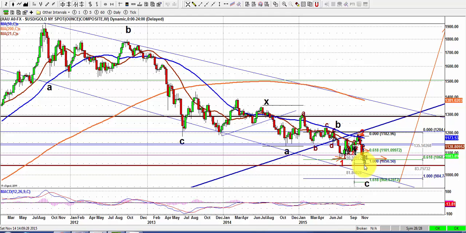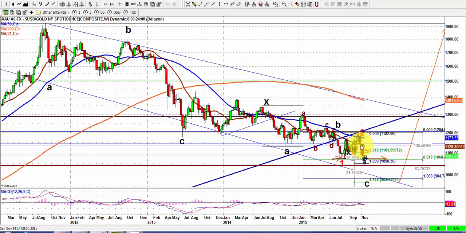I could be wrong. Maybe it will stop at 1050, but we continue because that's just going to be the third wave. The reason why I think it's not going to stop at 1050, the third wave, I mean, is because the fourth wave will almost certainly go up to encroach on the territory of the first wave, and that is not likely. That's going to cancel this wave count.